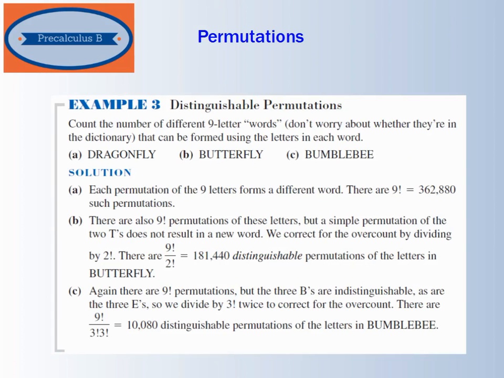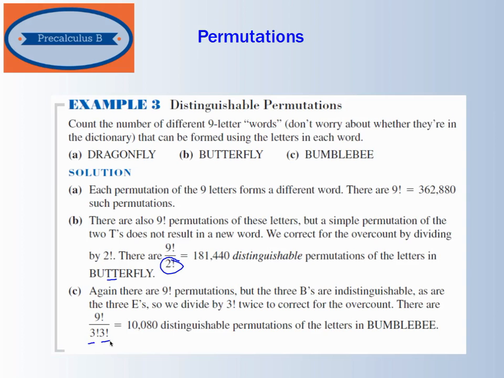So what do we do about that? We have to remove all of the permutations that involve those duplicate letters. The way we do that is we divide by, in butterfly, there are 2 T's, so we divide by 2 factorial. In the third word, bumblebee, we had 3 B's and 3 E's, so we divide by 3 factorial for the B's, and we divide by 3 factorial for the E's.